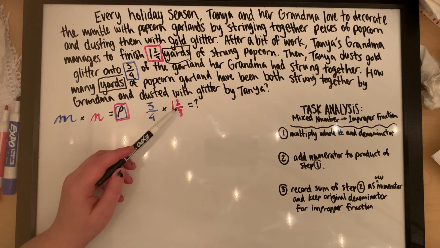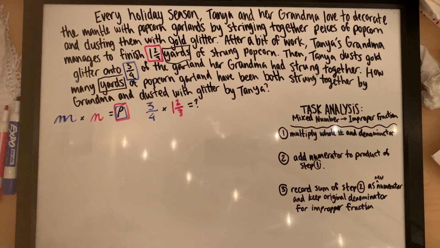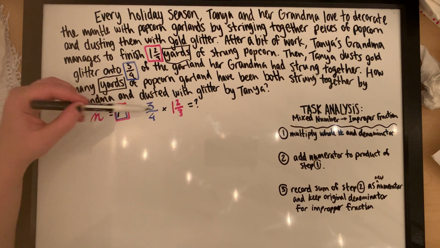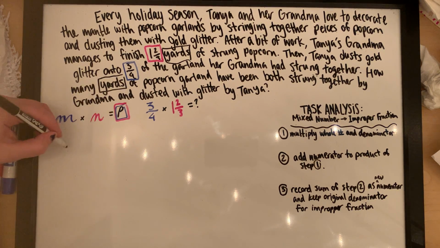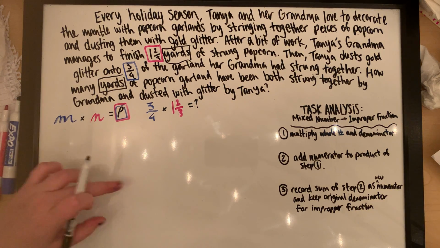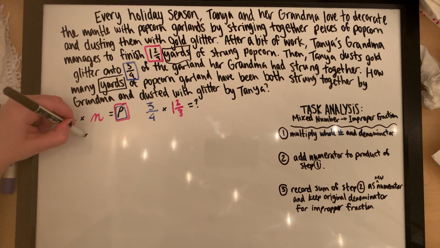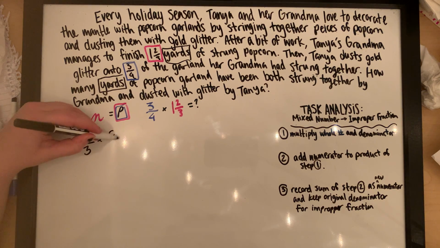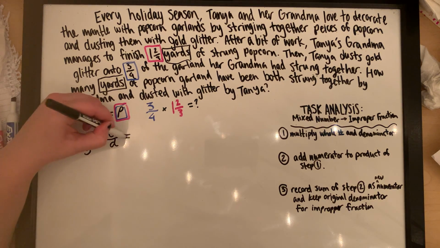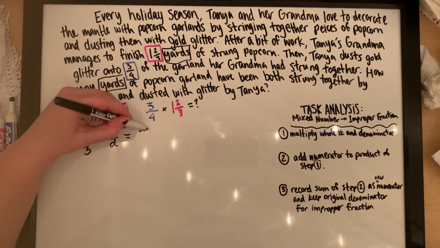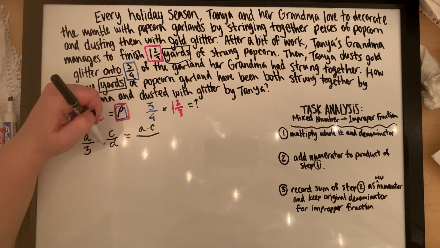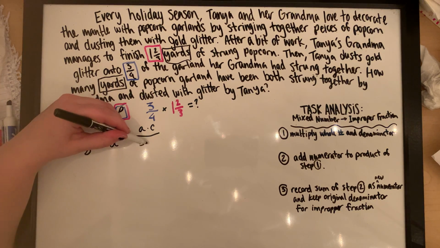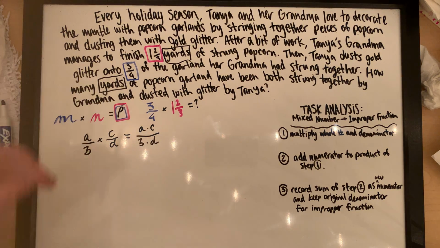But for the sake of explaining the significance of why we can multiply across, basically when we have two fractions, a over b times c over d, we could solve this by just multiplying across, a times c over b times d.